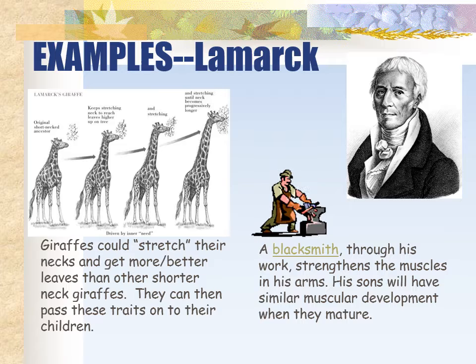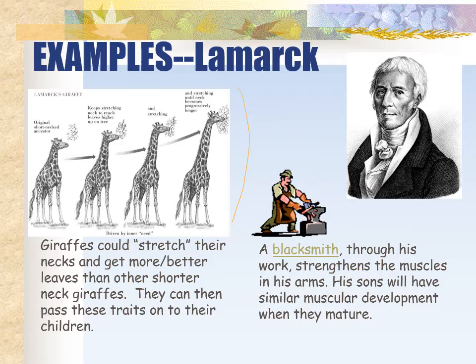So here's some examples of what Lamarck believed. If we go back to the giraffe example here, he believed that giraffes really could stretch their necks by reaching for those higher leaves, and if they did that enough over their lifetimes, those genes, if he even used that word, could be passed on to the giraffe children.